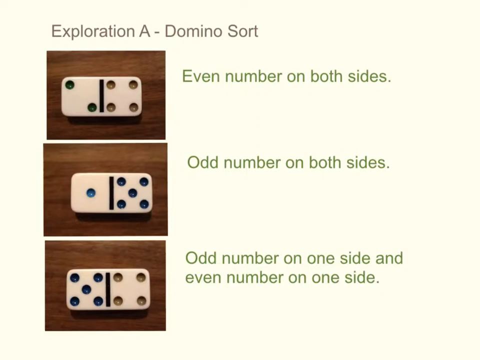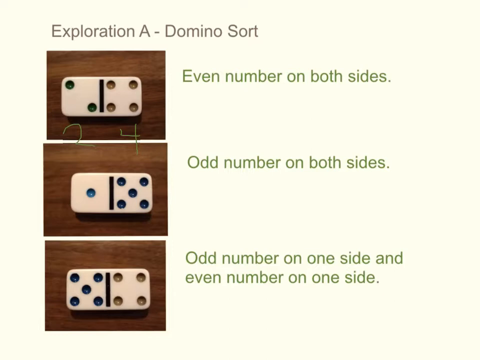If you look at our first domino, you'll see that on one side there is 2 dots, and on the other side there is 4 dots. In this case, both numbers are even numbers on both sides. So this would be a domino with even numbers on both sides.